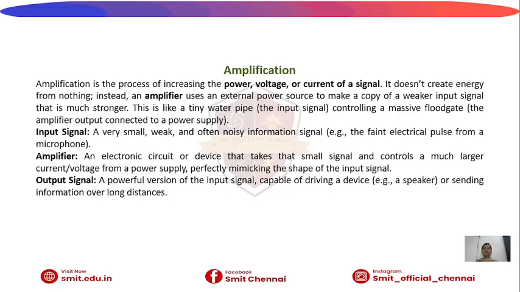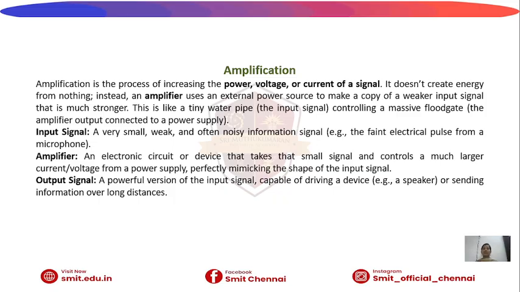First one is the input signal. It's very small and weak, often only noisy information signals we get as an input signal, right? So what the amplifier will do: the electronic circuit or device takes a small signal and controls much larger current or voltage from the power supply, perfectly mimicking the shape of the input signal.